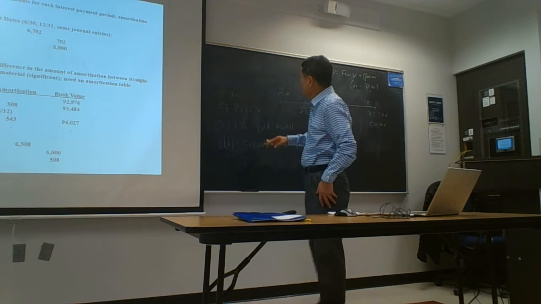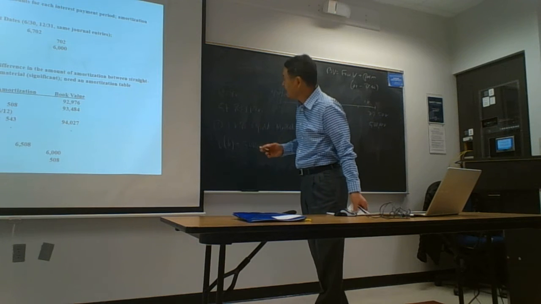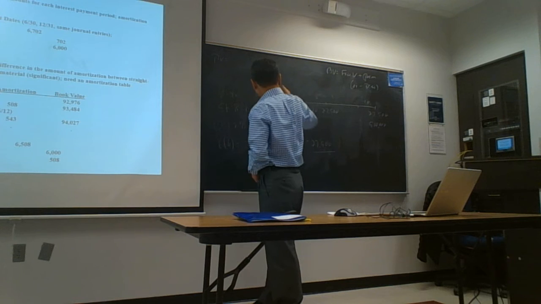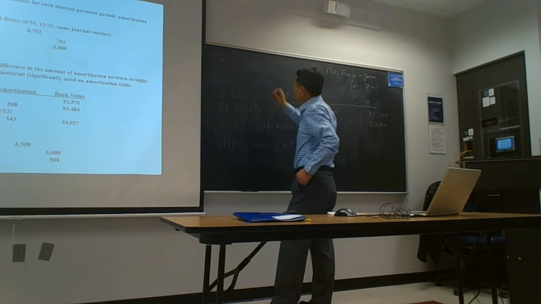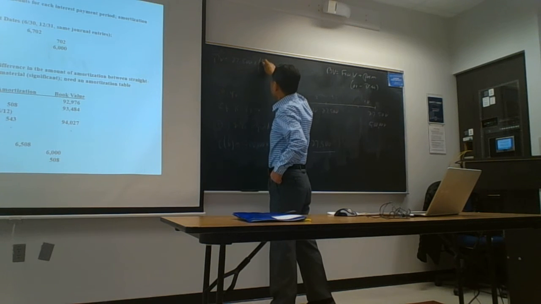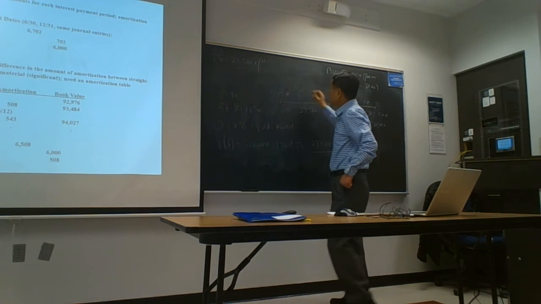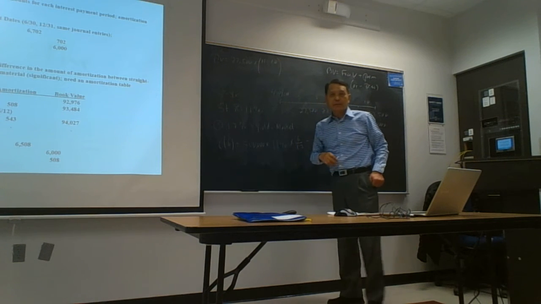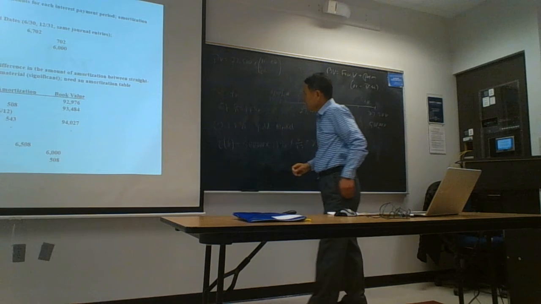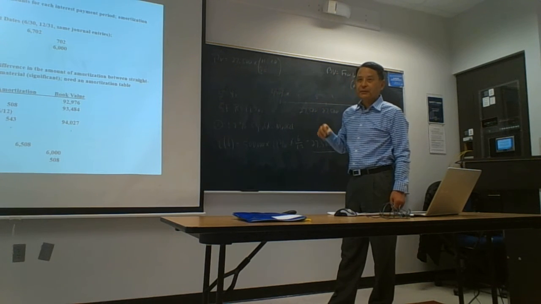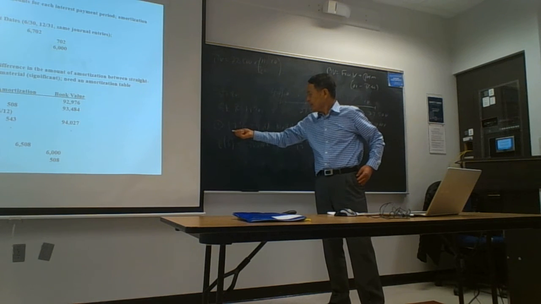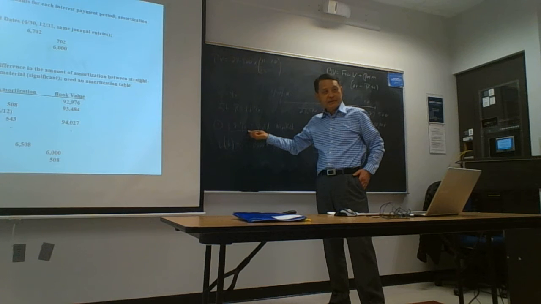If you want to use tables, then the present value is 27,500 times, n is 10, the number of payments is 10, and the discount rate is 6%. 12% per year, right?